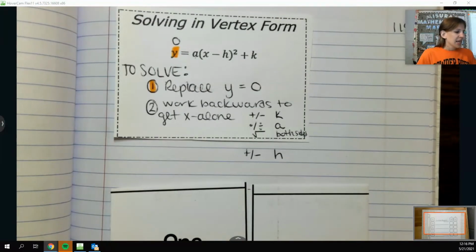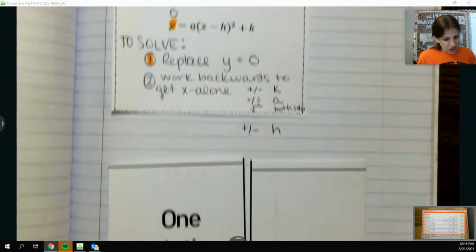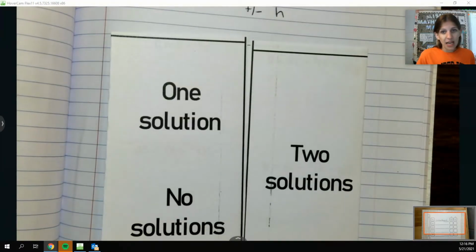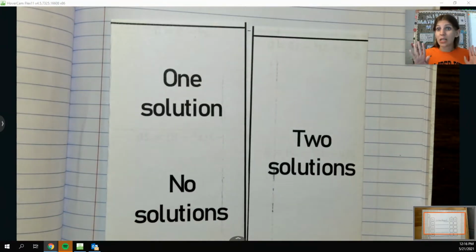Okay? It's always better with an example, so let's jump down here. As we talked about before, guys, when we're discussing the solutions of a quadratic, we're talking about the x-intercepts.